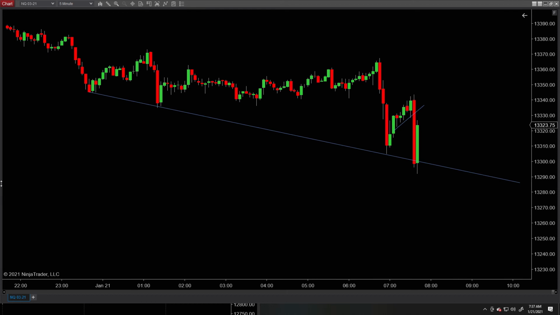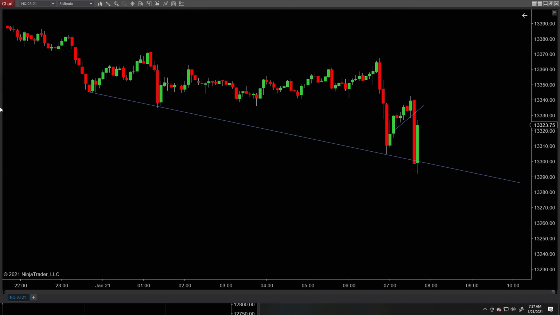And so I closed out positions at, let's see, 316, so it took 2.75 points. 314, so it took 4.75 points. Remember, each point is worth $20.